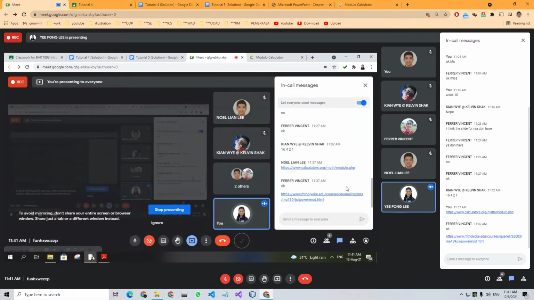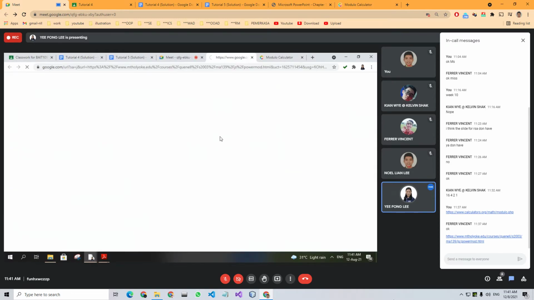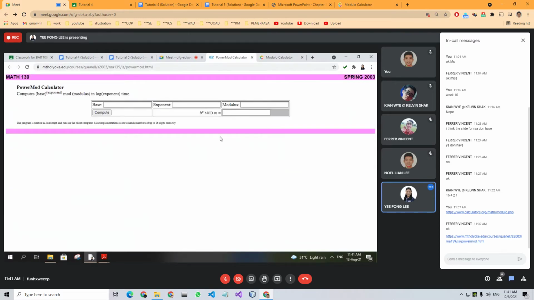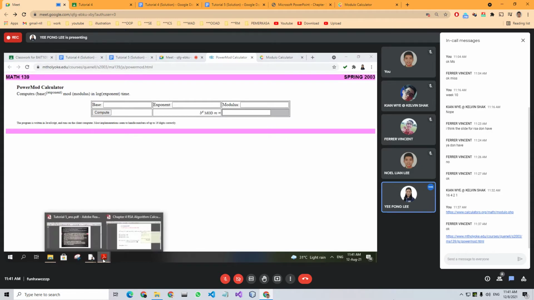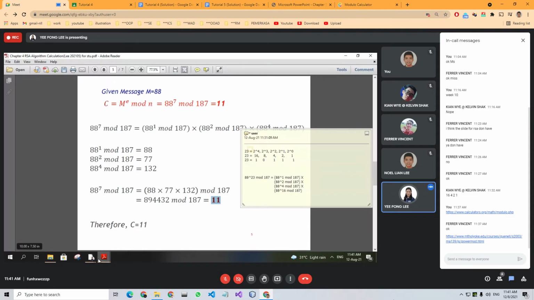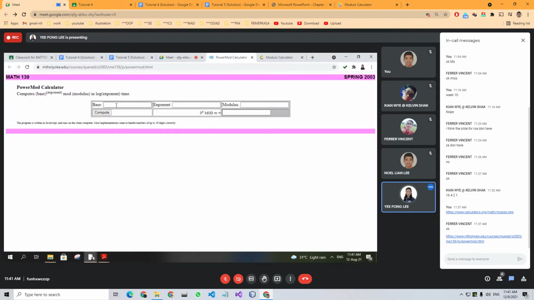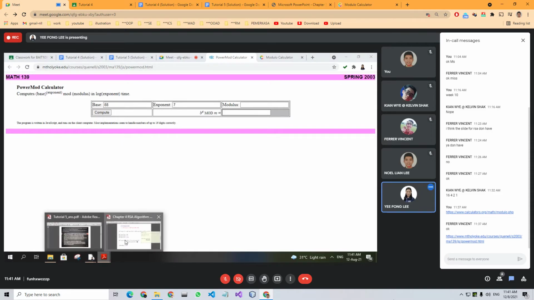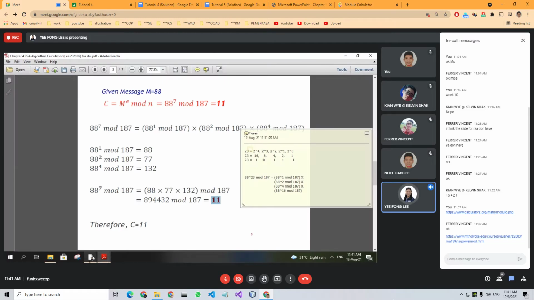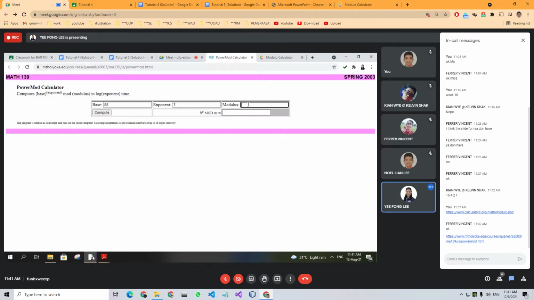How about we try from Pharaoh's? All right, we try this. We have the base. Base is 88. Exponent is 7. And we have the modular 187.